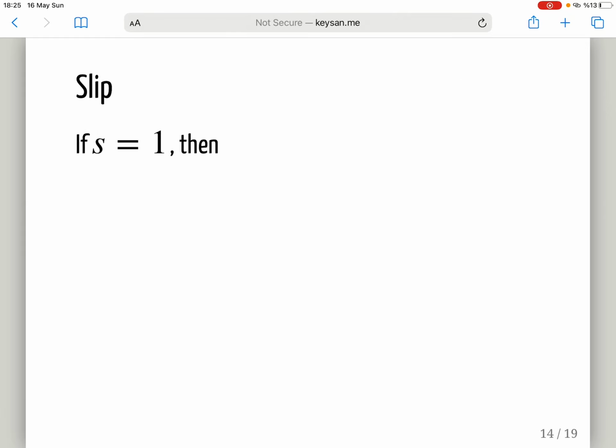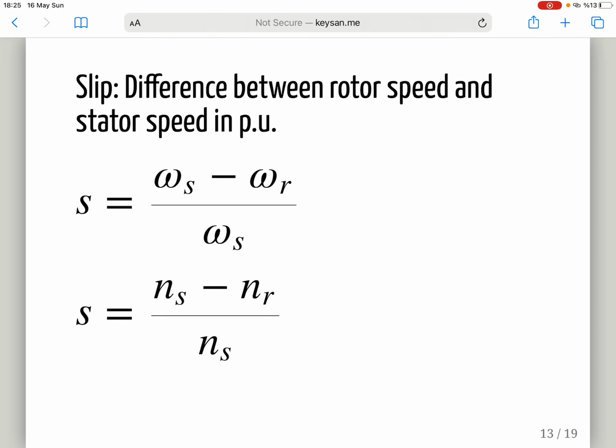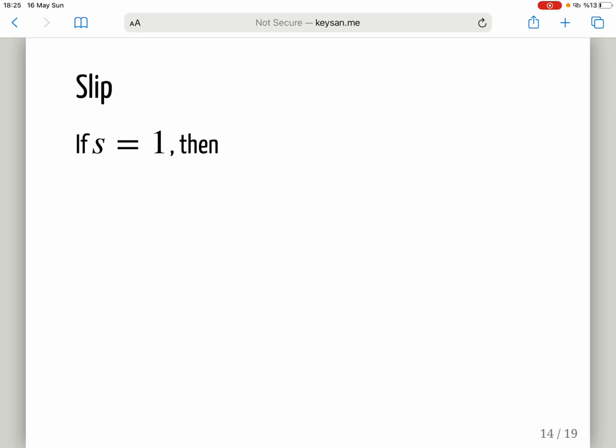If slip is 1, that means there is no rotation at all. In order to have slip equal to 1, nr should be 0. When slip is equal to 1, it is like your car is stuck on a snowy day: your wheels are spinning, so your MMF is rotating, but your car is not moving at all, so they are not having any mechanical rotation.